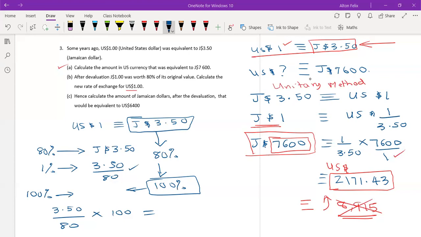So we are now looking at a new rate of Jamaican $4.38.